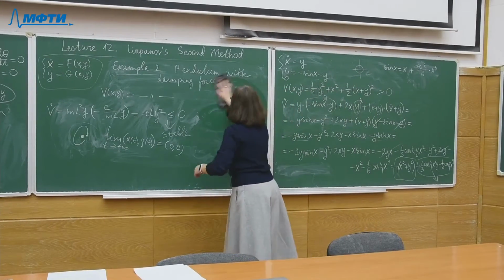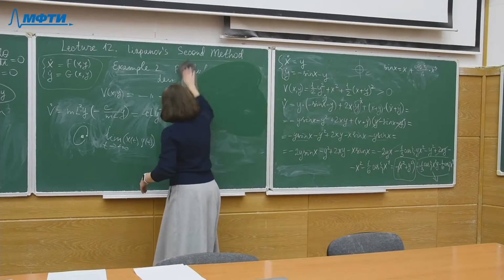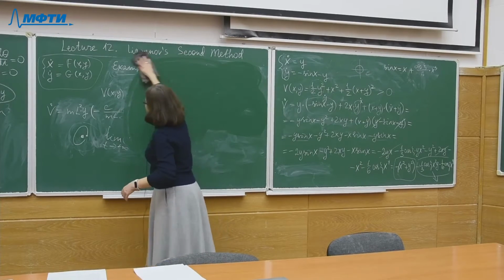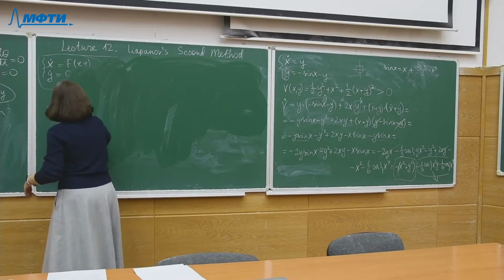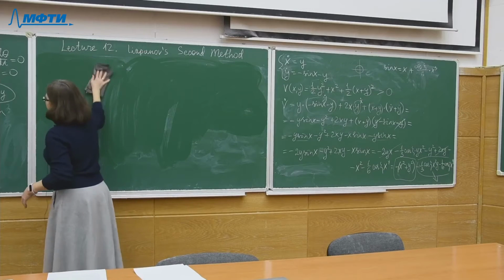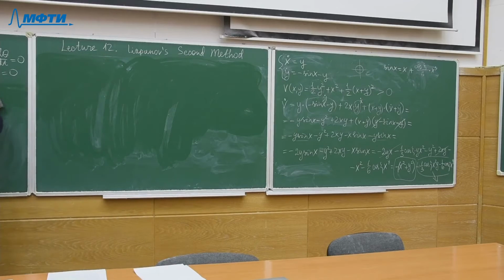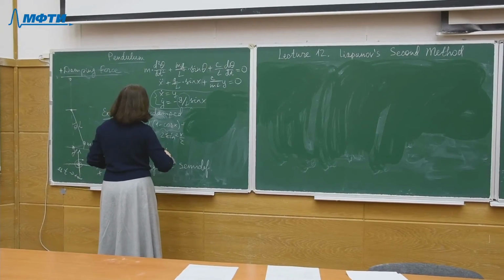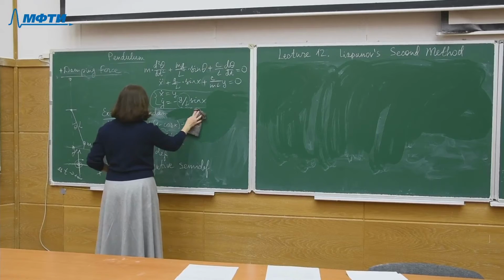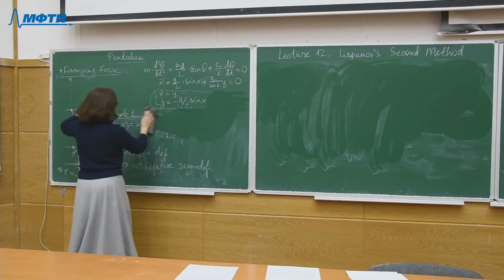Well, let's do this. Okay, so we consider an undamped pendulum, and we want to prove that this upper position is unstable.